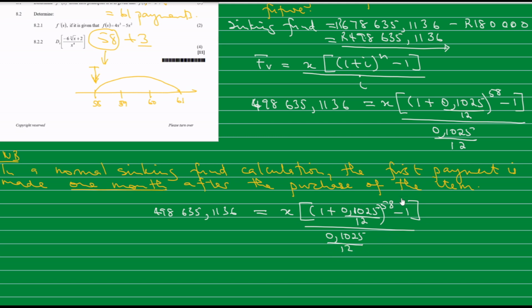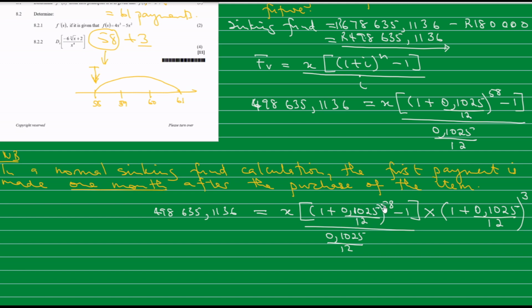But after having paid 58 payments, our amount had to accrue interest over the remaining 3 months. So we multiply that by a compound interest of 1 plus, the interest is still the same, 0.1025 over 12 to the power 3.